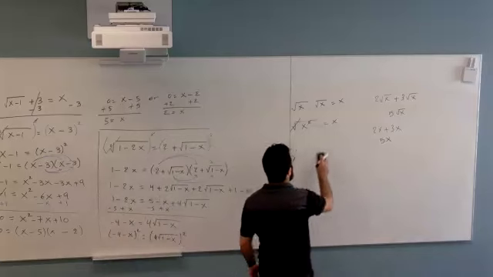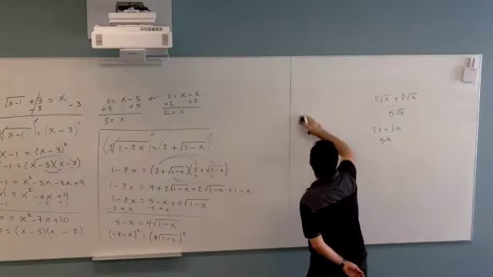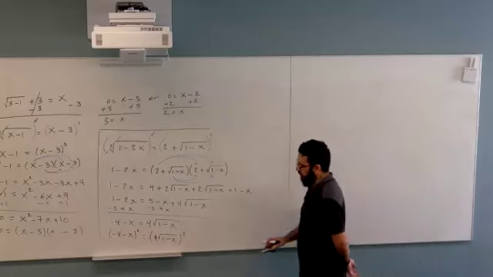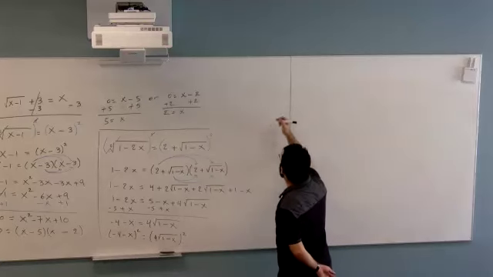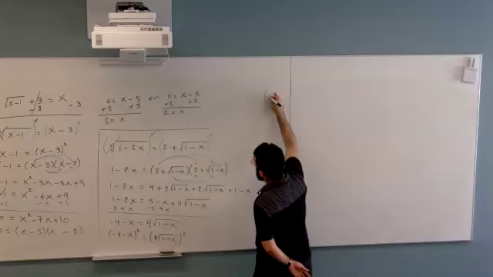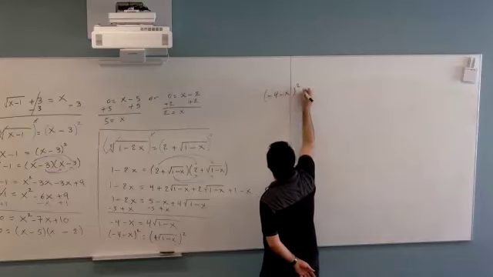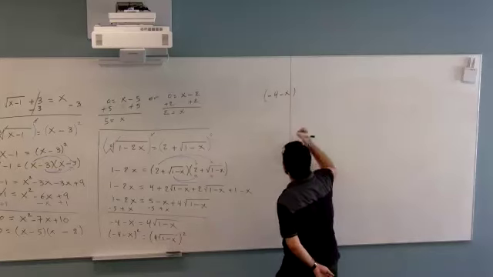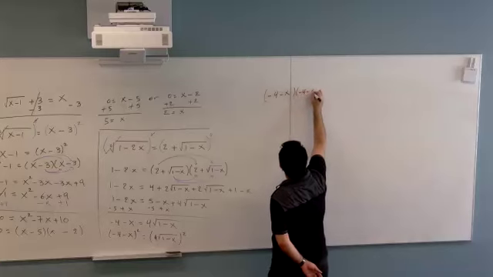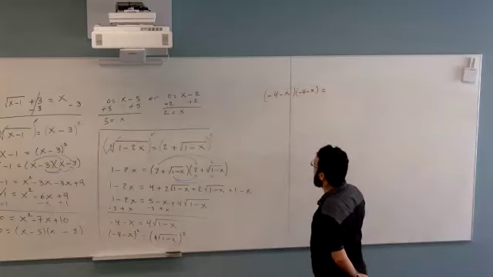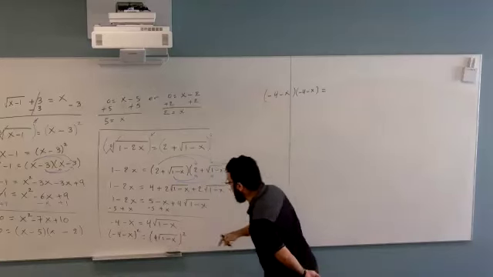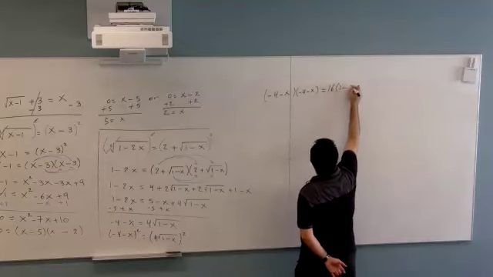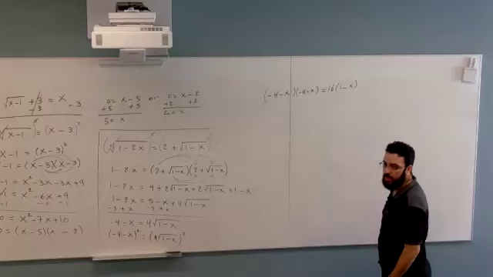See what we're going to get. So on the first side, we have negative 4 minus x squared. On the other side, 4 squared and the radical squared.